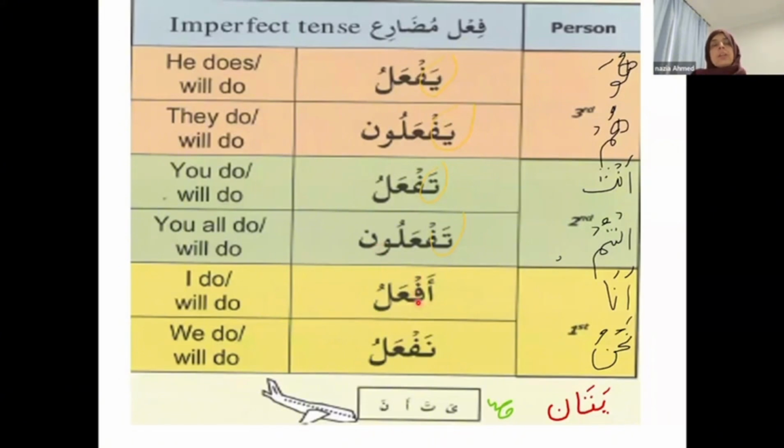Now we're moving on to the first person. Again, we're going to get rid of the ta and we're going to get alif from ana, or you can say hamza. We're going to take this alif from ana, bring it here. Af'alu.